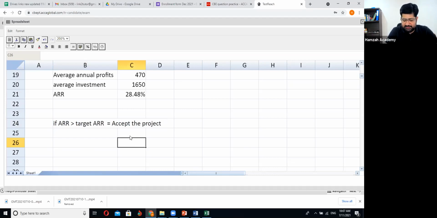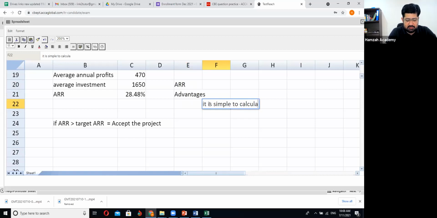Now, the next point, students: advantages and disadvantages of the method. ARR advantages. Number 1, it is simple to calculate.